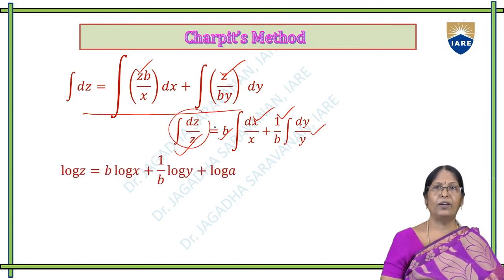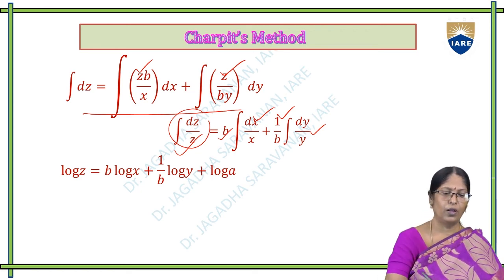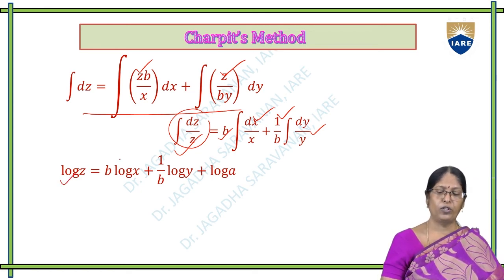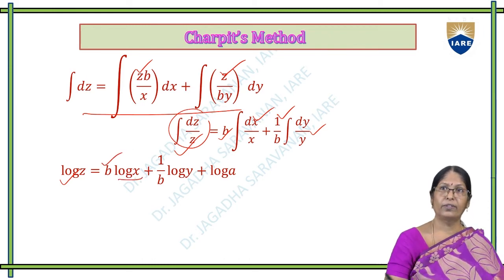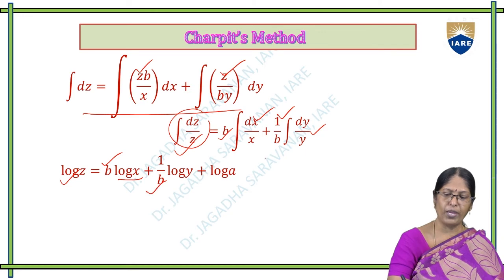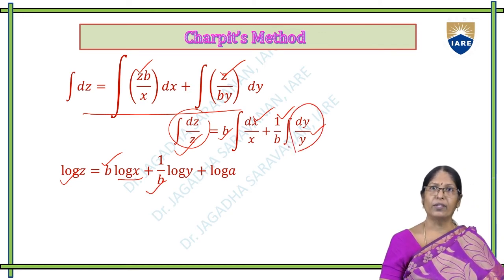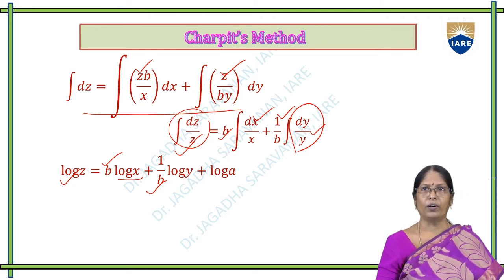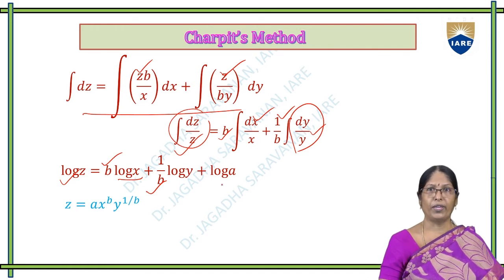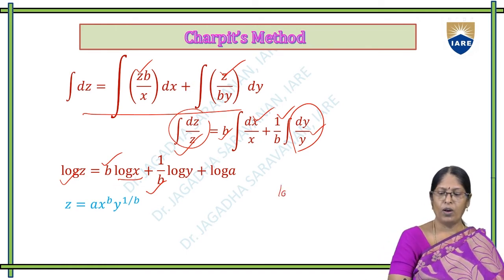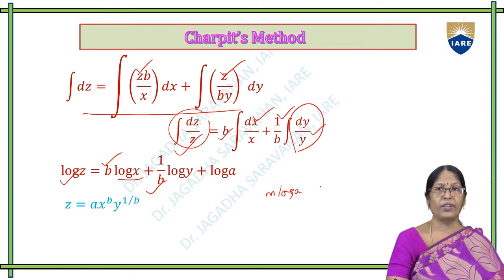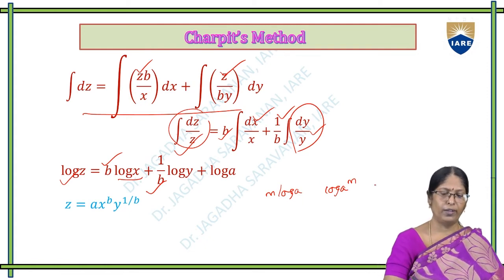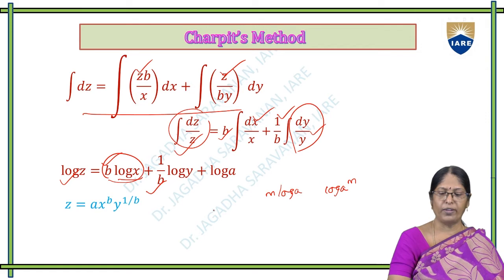Here the left side integration is log z equal to b log x plus 1 by b. This integration is log y plus the constant we added in terms of log, that is log a. Here m log a, we can write as log of a power m. Using this formula, the first term we can write as log x power b.